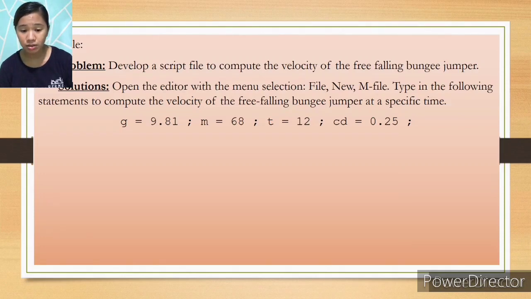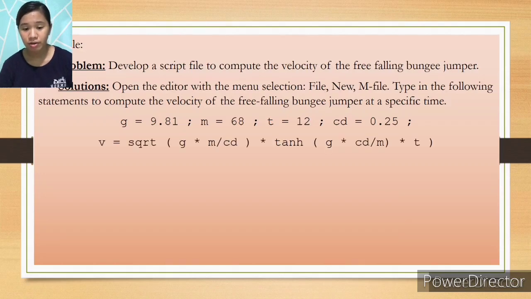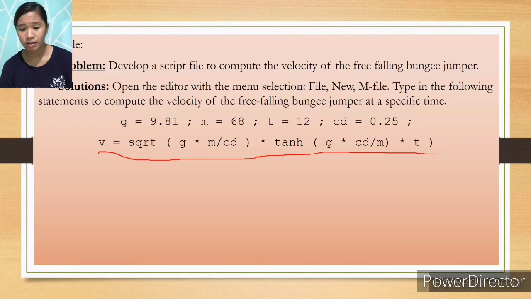Then m = 68, t = 12, and cd = 0.25. And v = sqrt(g*m/cd)*tanh(sqrt(g*cd/m)*t). This one is the formula, and these are the values given in the book or in the problem.